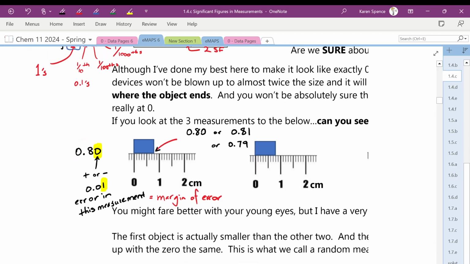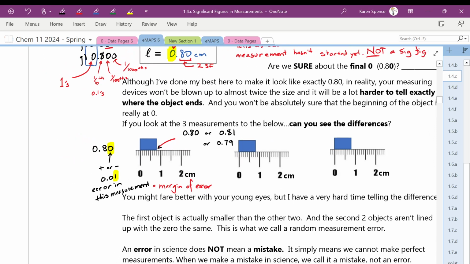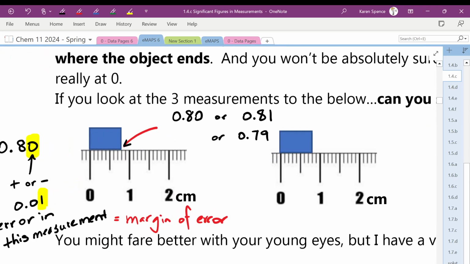If I look at that, and let's say it was small like this, and I'm doing my best, I'm guessing that it is 0.80 centimeters. It could actually be, in real life, 0.81. Okay? And in science, that's what we call the margin of error. So if I guess that it's 0.80, but in real life, if there were some magic way that I could know exactly what it was, it was 0.81, that's the scientific error.